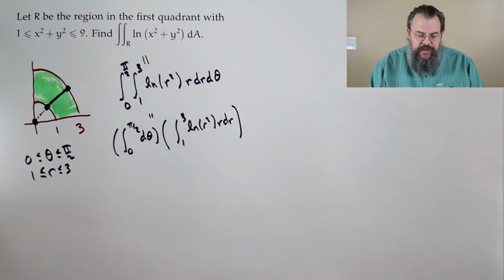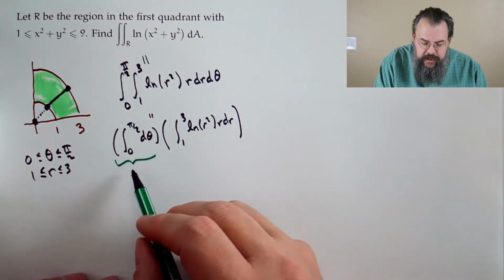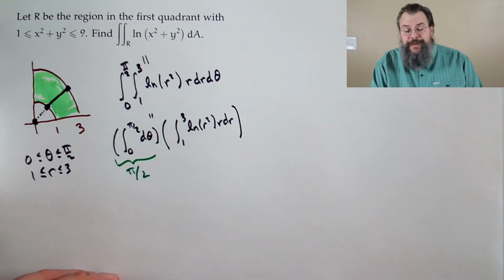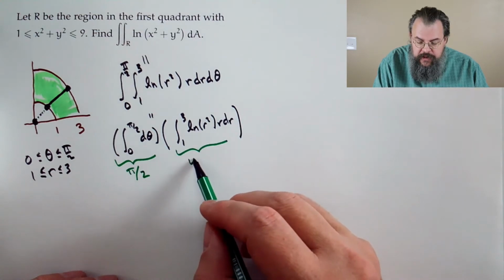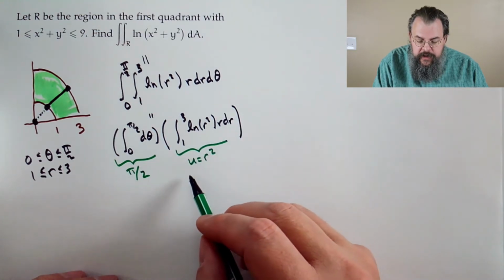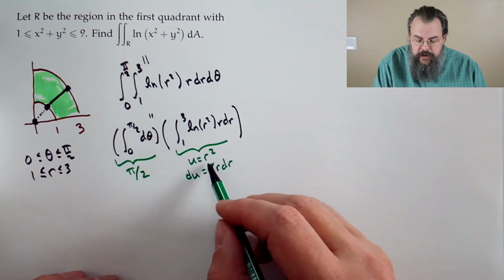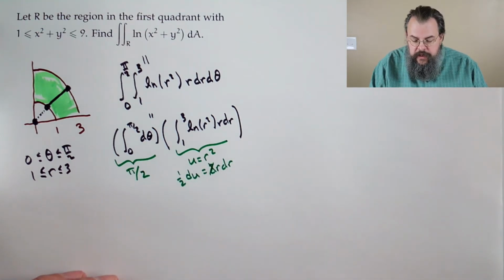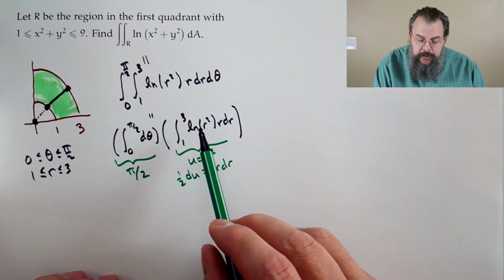Let's do substitution. Because we say, all right, this first part, this integral of d theta, pi over 2, life is good. No problem. Here, all right, if we let u equal r squared, then du is 2r dr. Well, okay, divide here. And, all right, half du is r dr. That's perfectly fine.